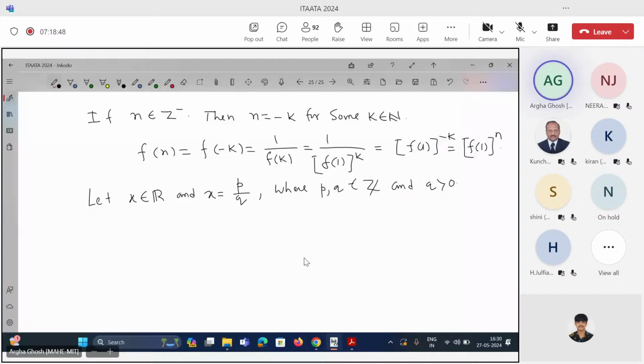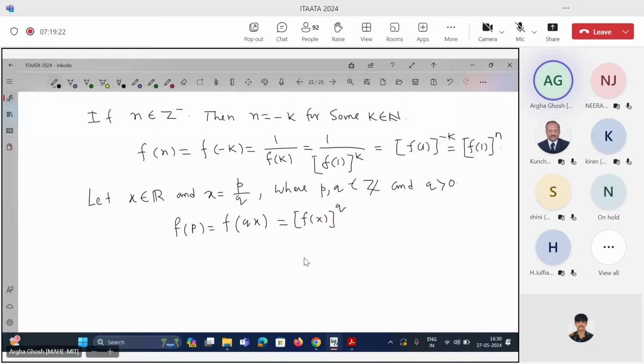So we'll write f of p equals f of qx. Now q is a positive integer, meaning you can think you are adding q numbers of x. So therefore it is f of x whole to the power q. Okay? Because now we have f of x plus y equals f of x into f of y. You have f of x into f of x, q times.